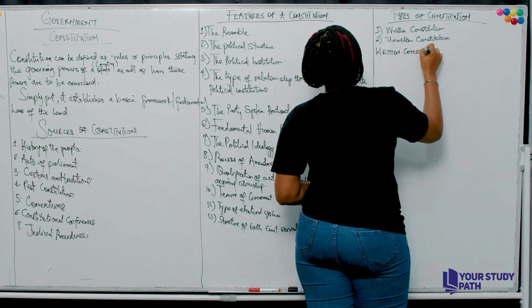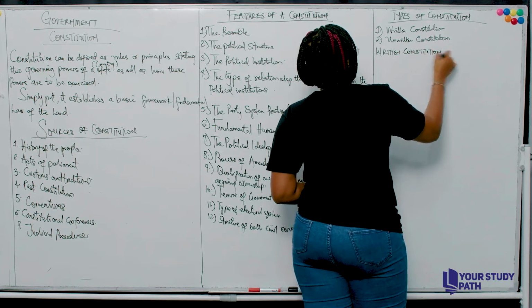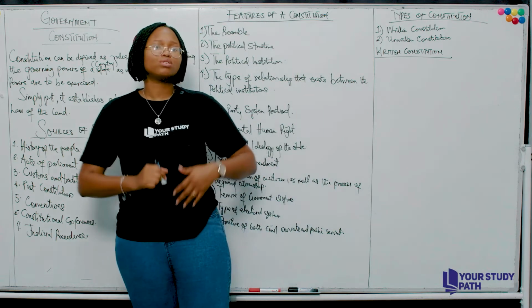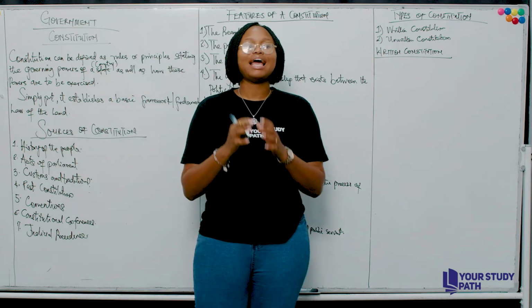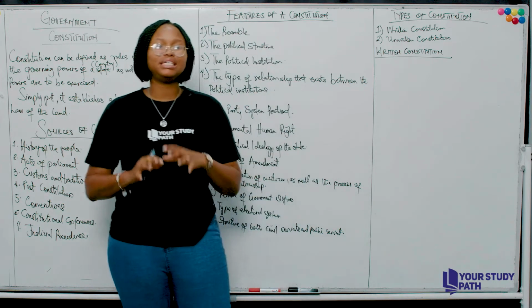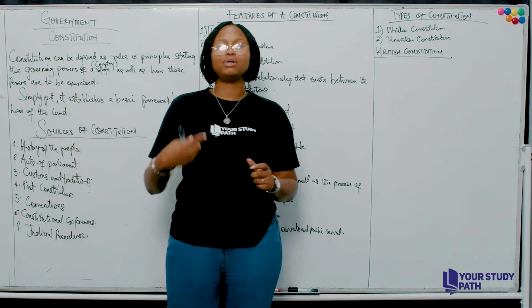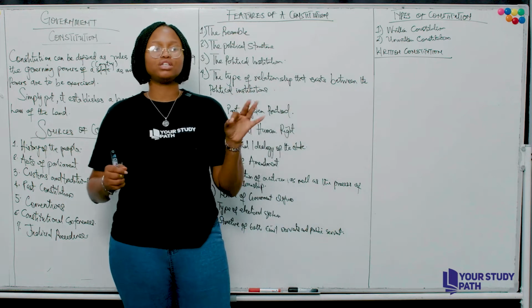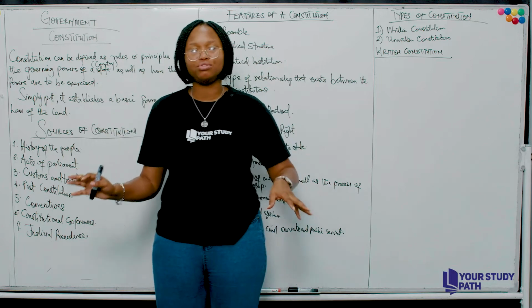As the name implies, a written constitution can simply be defined as a document or set of documents that establishes the selection of rules embodied in a document in which the fundamental principles of a political system as well as the powers of the various agencies are written down and codified.